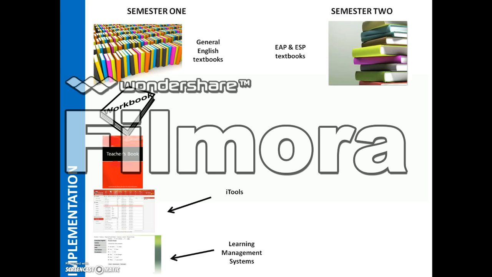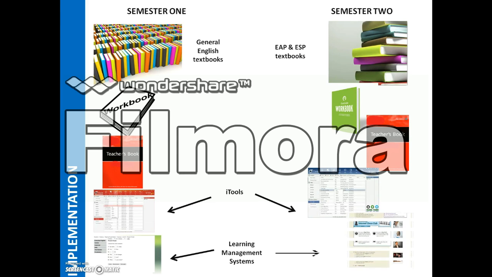Semester 2 introduces English for Academic Purposes textbooks and English for Specific Purposes textbooks that are also supported by their own relevant ancillary materials. Note that some textbook series may not have some of the materials that are listed.